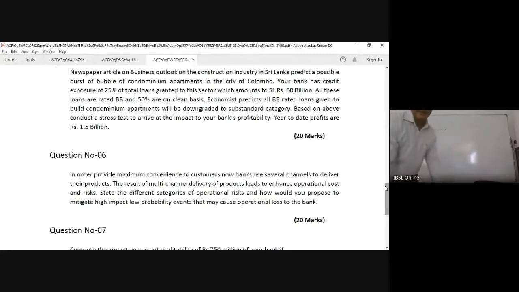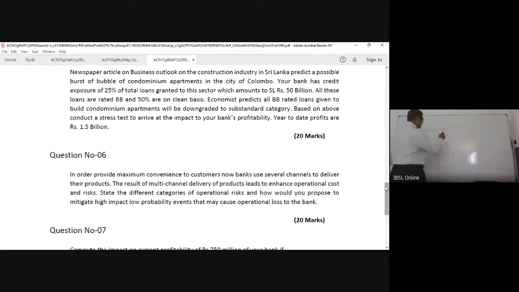At this point, you need to give a different definition to operational risk. I don't exactly remember the definition which I gave you.